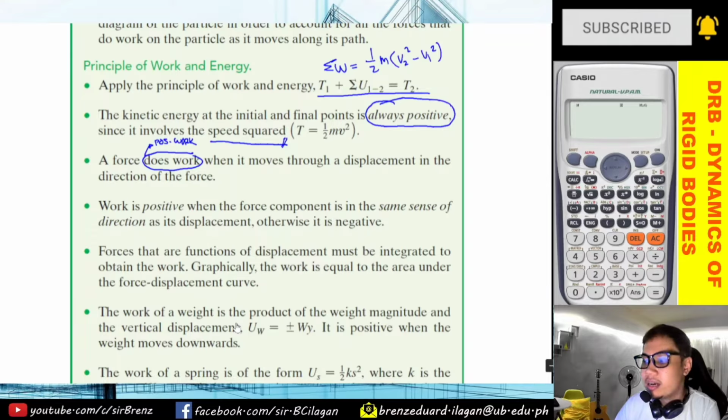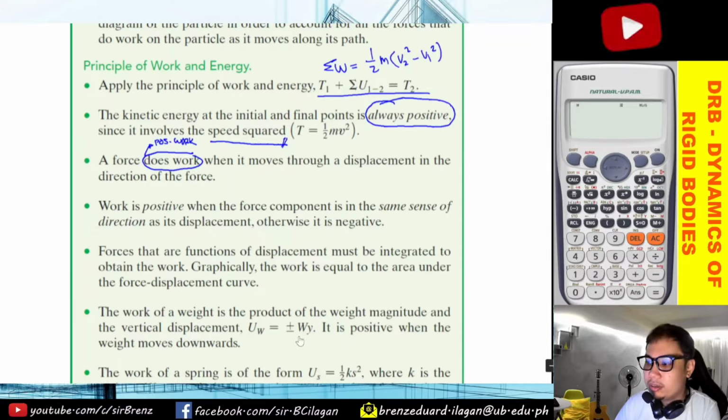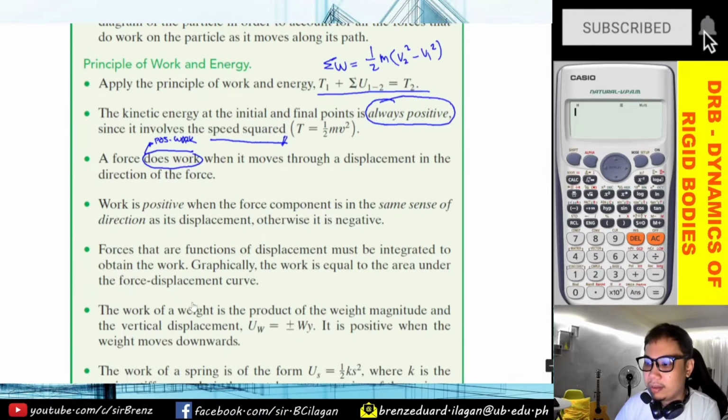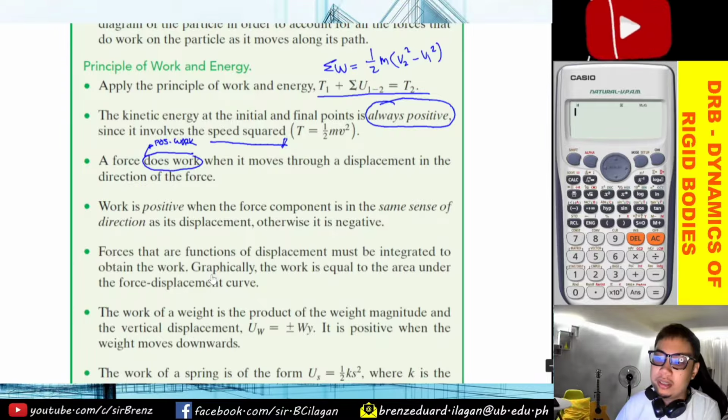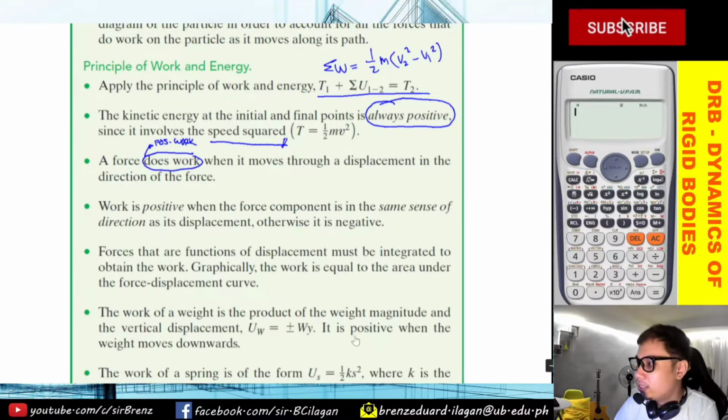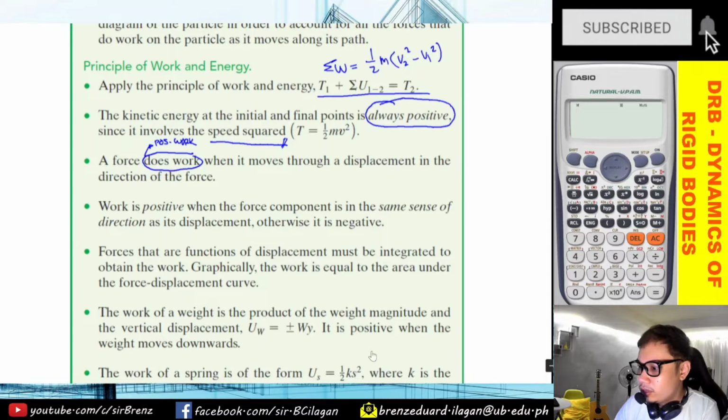So, magbibigay rin ako ng example kung saan meron din kino-consider na vertical translation or yung work with respect sa weight ng ating particle or system of object na ina-analyze, yung mga pulley problem. So, it is positive when the weight moves downward. Ayan, take note na lang din natin ito. So, ang work daw is positive when the weight moves downward.